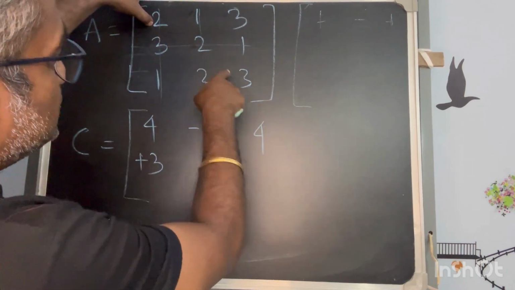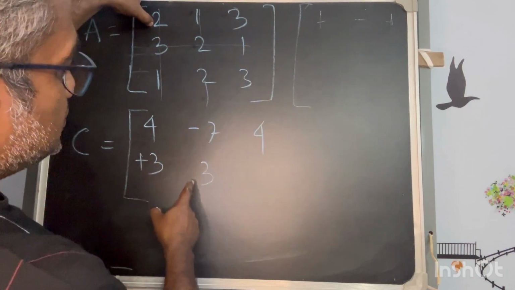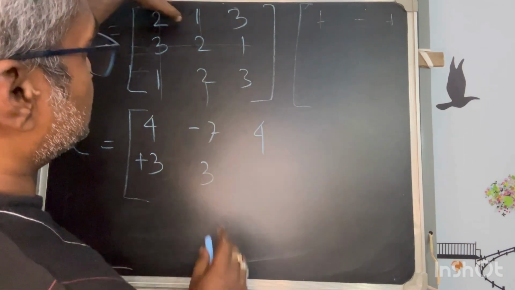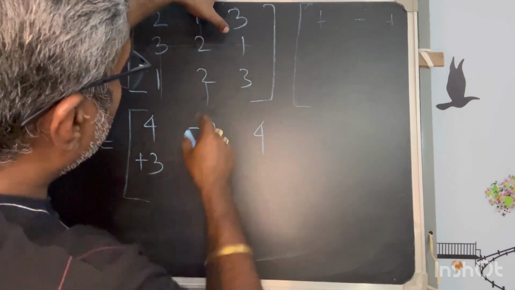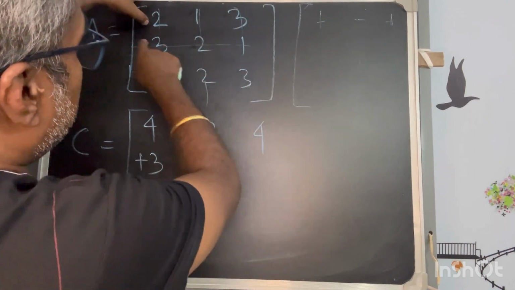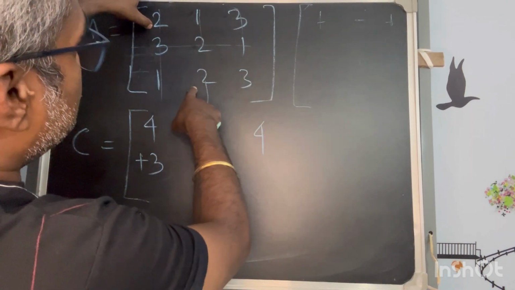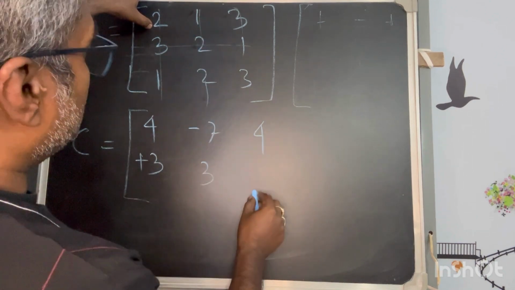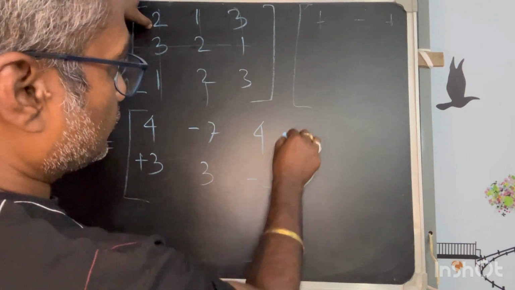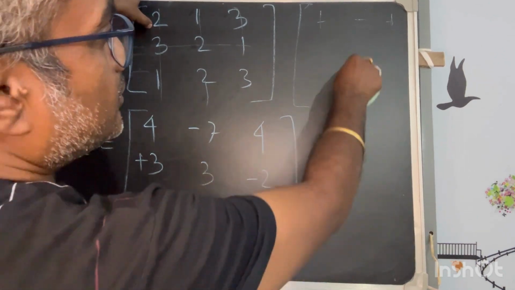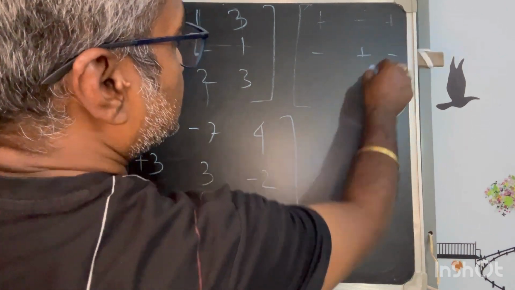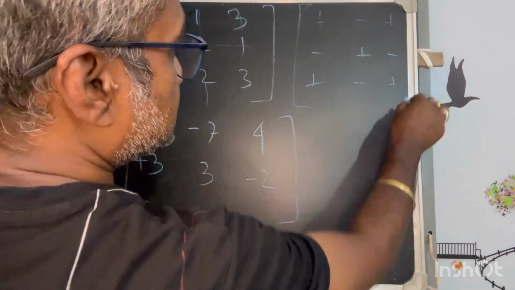So this is 3 into 2 is 6 minus 3. So this is plus 3, sign plus. Okay. Here it is this and this. That means this into this, 4 minus 2, sign is minus 2. Understand? Because it goes minus plus minus, plus minus plus, this way.